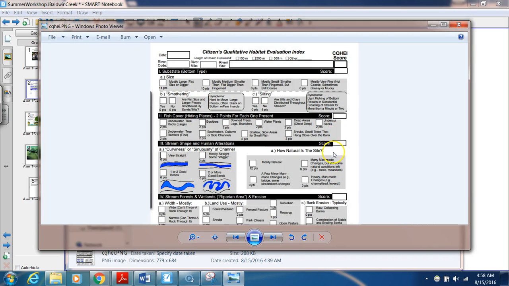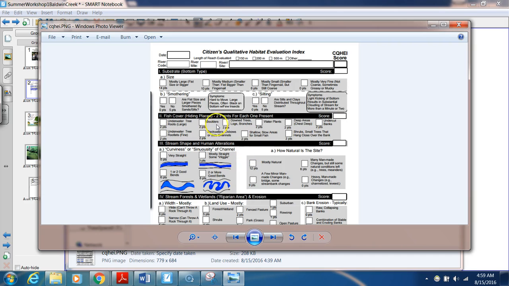And so the CQHEI, we had to put the date in. We had to name the river, obviously, or the stream. And then one of the first measures that we did was looking at the substrate, or the bottom of the creek itself, and how large the rocks were. Then we needed to look for smothering, which I'll explain later.